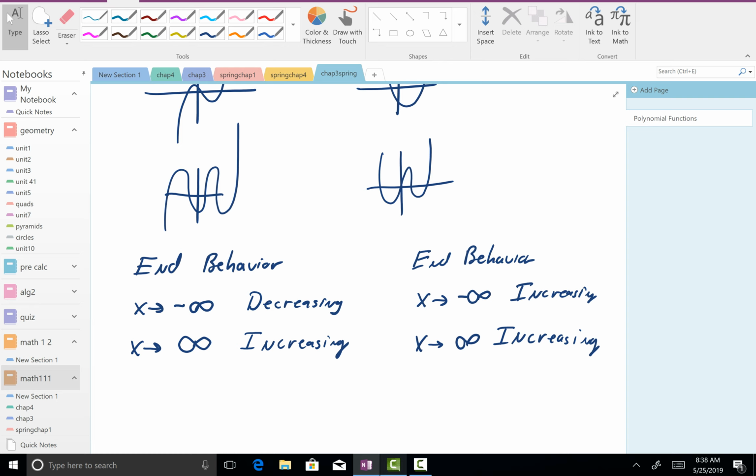Okay, so what I'm doing is I'm setting up x plus 1, x minus 2 to the n, and I'm letting n equal 1, 2, 3, and 4, and I want to see what that looks like.